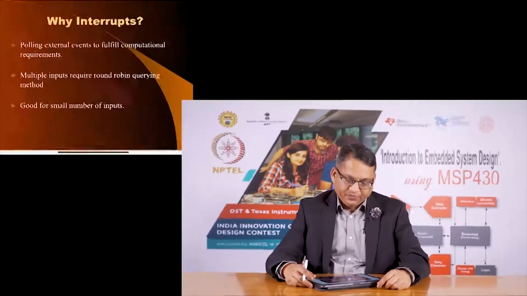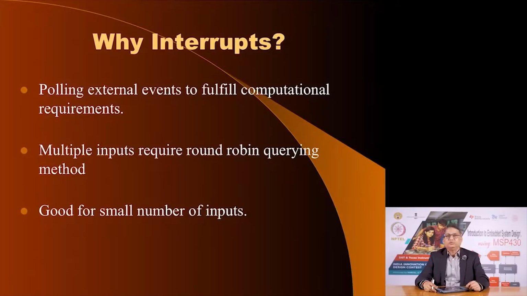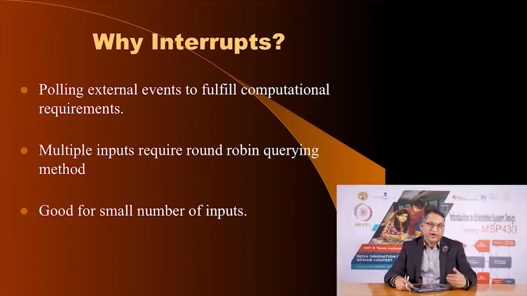The way to resolve this is to bring in this concept of interrupts. Interrupts allow you to perform multiple tasks instead of polling. Now, what is polling? For example, say there are several switches, maybe several knobs, and one way to deal with an external user pressing any of the switches or turning any of the knobs would be to go to a switch, wait for it to be pressed for some time, then go to another switch, wait for it to be pressed.